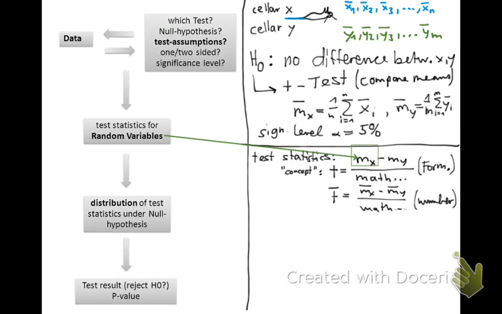So, in the next step now, I look at the distribution of test statistics under the null hypothesis. What does that look like? Well, let's make this down here.